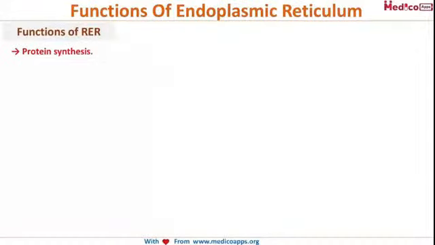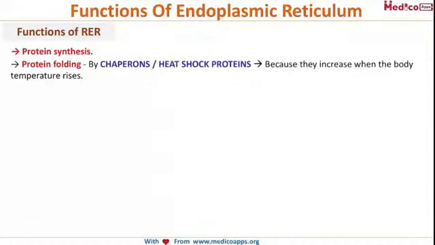The second one we have seen is protein folding. Okay. This protein folding is done by structures called chaperones, right. They increase in quantity when the body temperature rises, hence they are also termed as heat shock proteins, right. So, protein folding is carried out by chaperones which are also known as heat shock proteins.